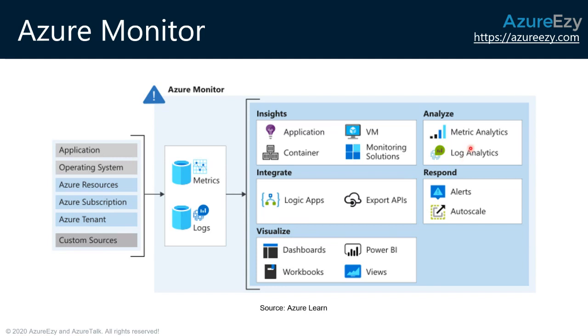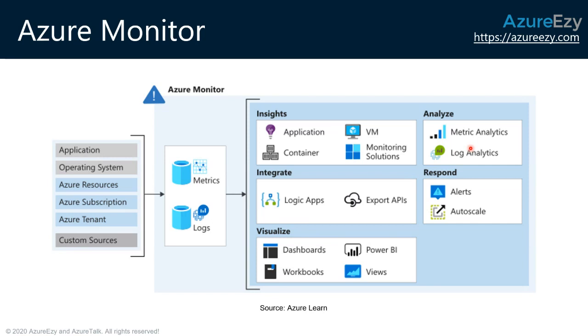Within Azure Monitor, you have the log analytics workspace, and there you can query using a SQL-like language called Kusto. Using Kusto, you can analyze your logs in a query way, and you can save those queries.